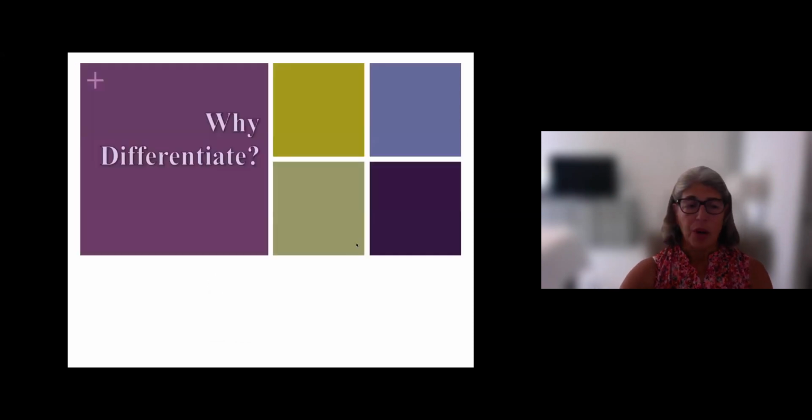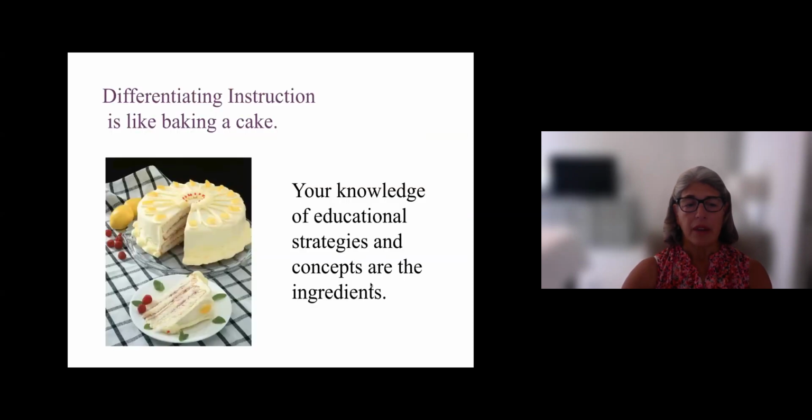So let's get started with why differentiate? Why do we need to? Differentiated instruction, I'm going to give you a couple of analogies here. It's kind of like baking a cake. You take your knowledge of educational strategies, like we learned about higher level thinking and creative thinking and types of thinking. We learned about cognitive development and behavior management strategies.